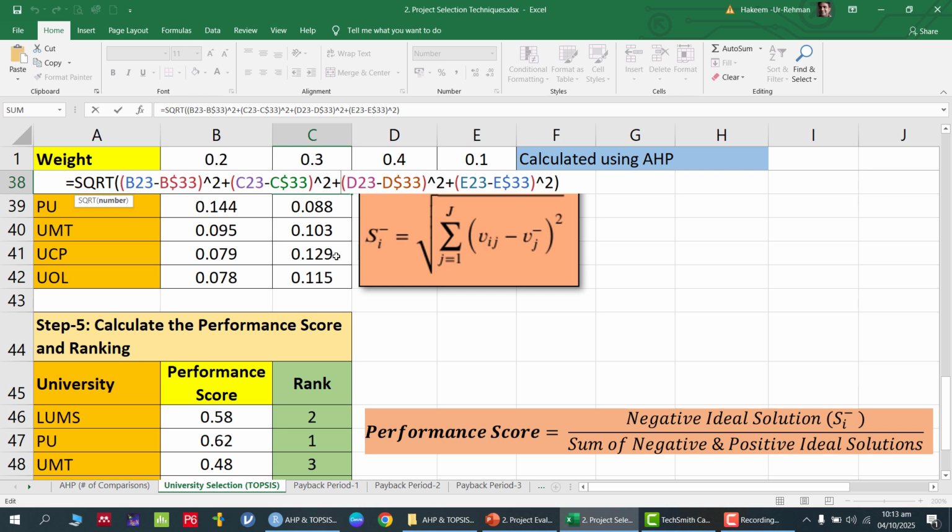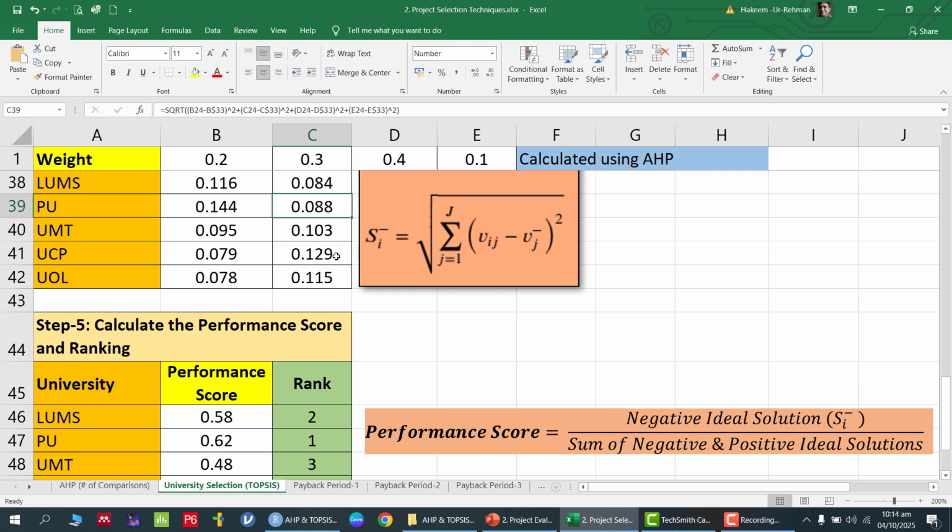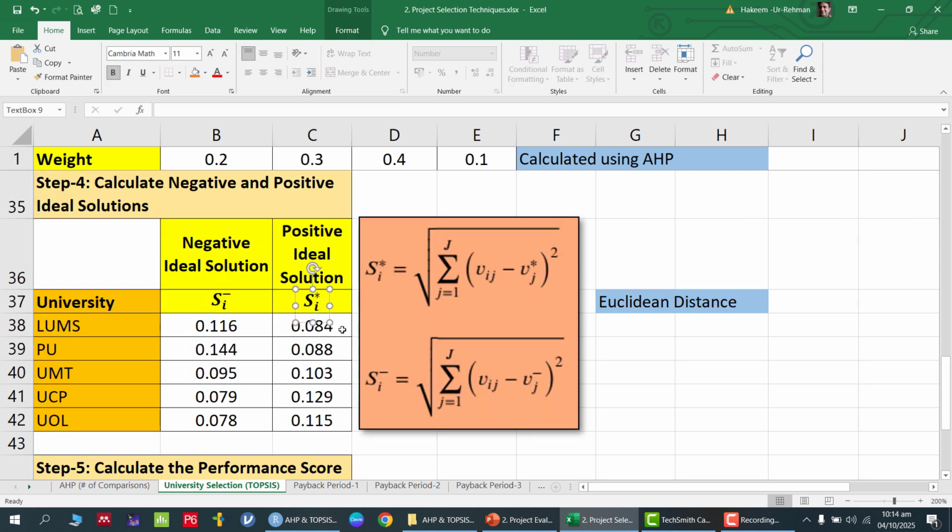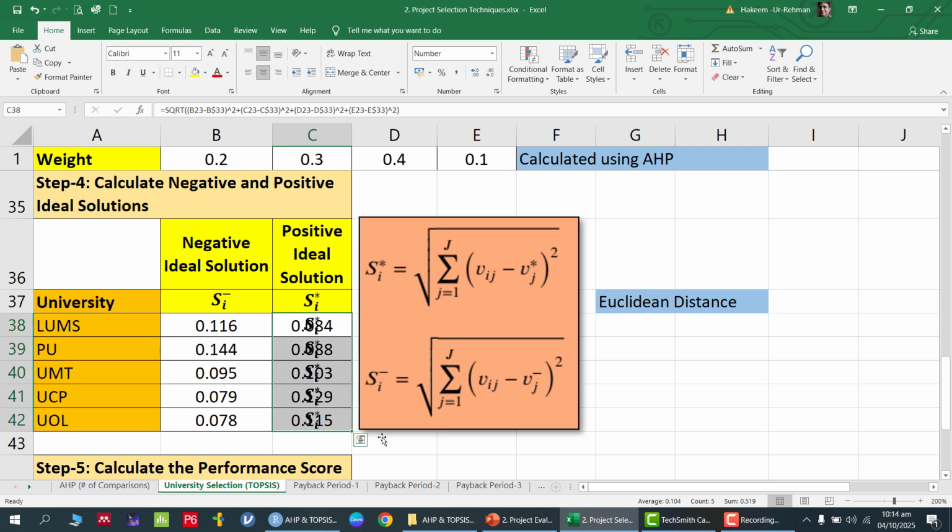And at the end we take the square root. Once we have calculated this positive ideal solution, we can drag and drop, apply this formula, and we get these values.